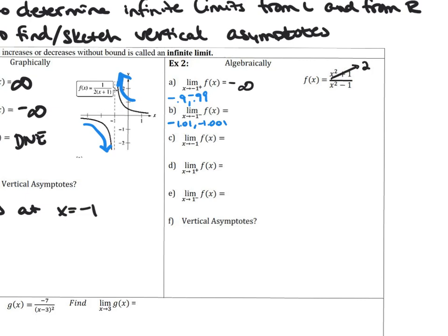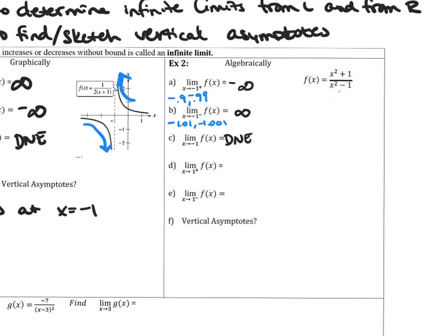In our denominator, if we square these values, we'll get a value larger than 1, and when we subtract 1, we'll end up with a small positive number. 2 divided by a very, very small positive number means that it's going to be a very, very big number, but also positive, so it's approaching infinity. Since our limit from the left doesn't equal our limit from the right, then the limit as x approaches -1 does not exist.